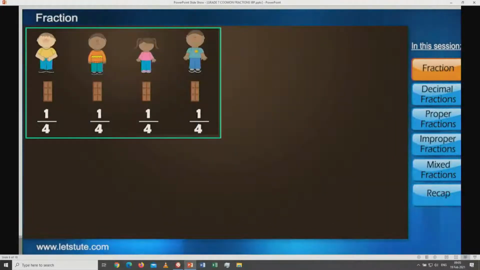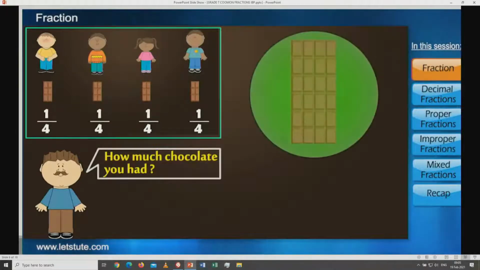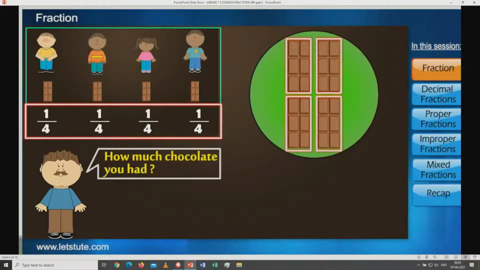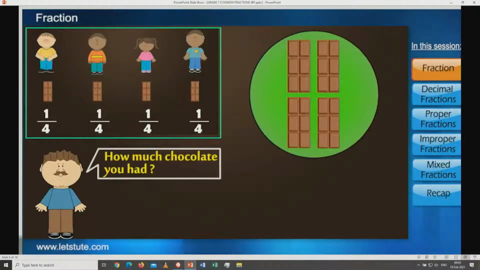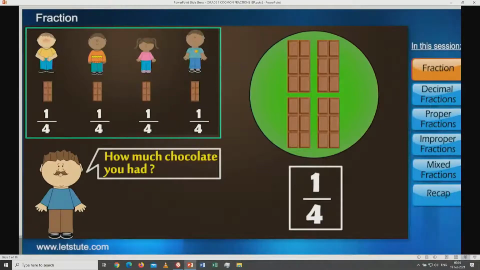Now, suppose your uncle asks you how much chocolate you had. You will not say you had one big chocolate, you divided it into 4 equal parts and ate one part of it. But now, as you know what fractions are, you will proudly say you ate 1/4 part of the chocolate.